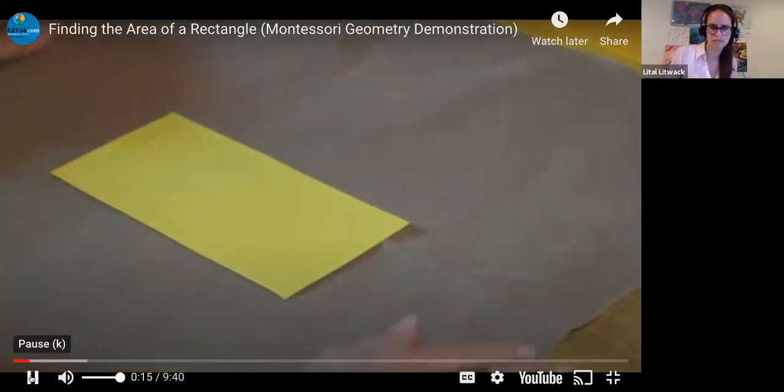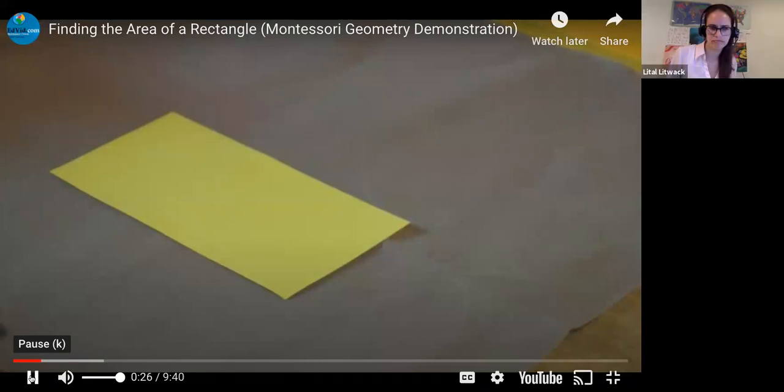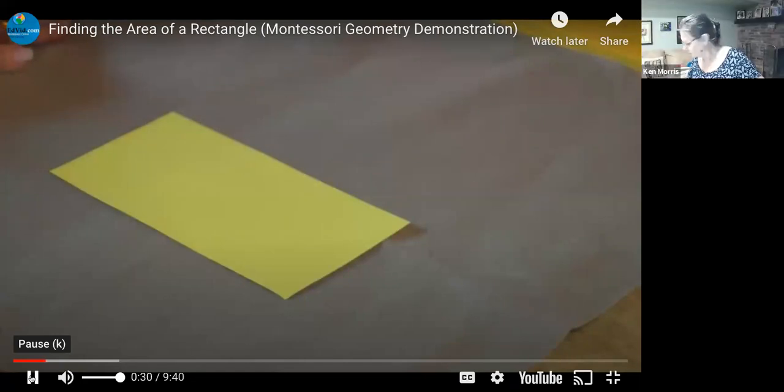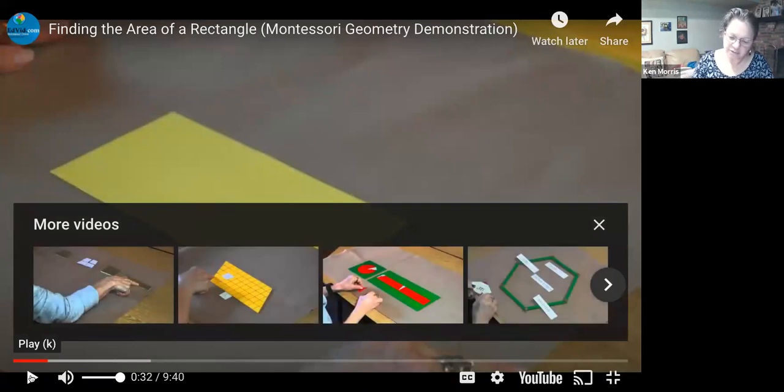So this is a rectangle. If I wanted to measure its surface, how could I do that? Let's think. Well, one of the things I need to do is figure out what my unit of measurement is. And I would say actually even further, it shows up afterwards in the album, and the album actually says that this work is a consequence of the work done with the metal insets.